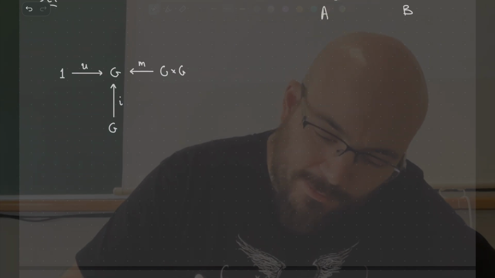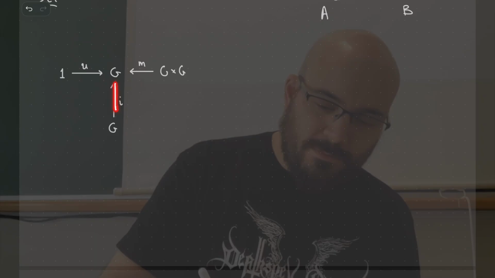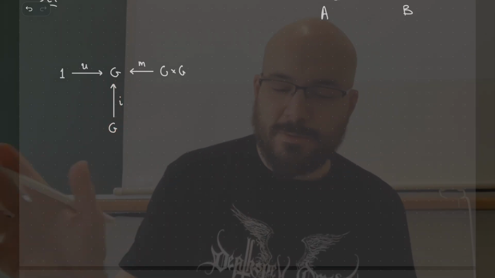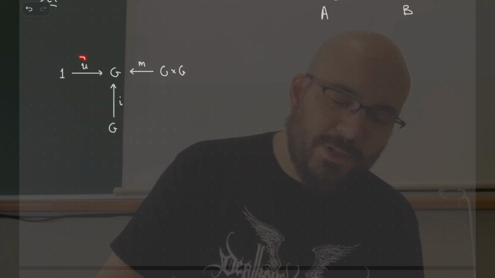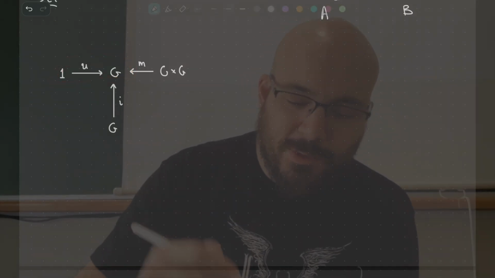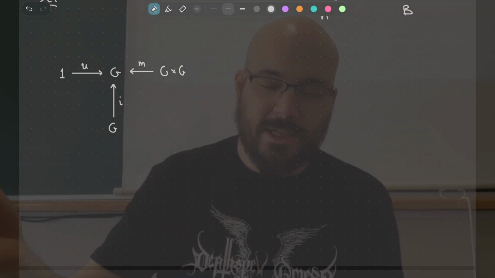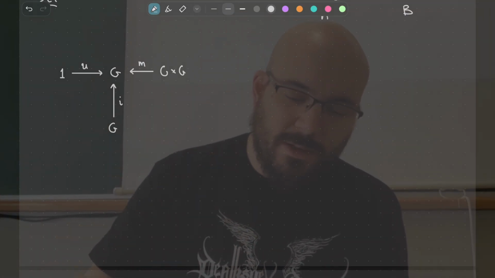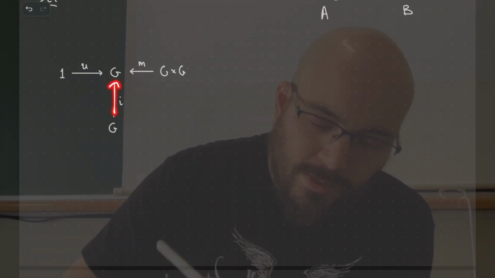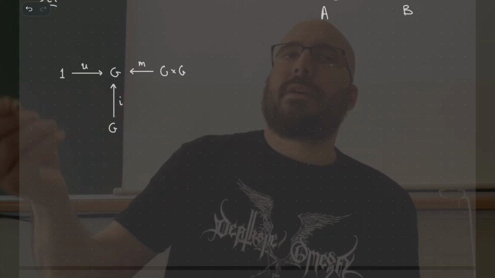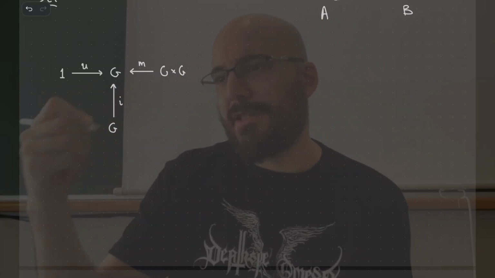Let's try to do the inverse. This is usually the easiest one. I mean, first of all, it's a unary, and so you don't have to worry too much about things. And the first time you see things like that, you might be kind of confused, but let's see if we have all the tools we need in order to express this idea. So let's start with this one. I want to express the idea that this arrow picks an inverse, right? So the thing that it picks deserves the name inverse.